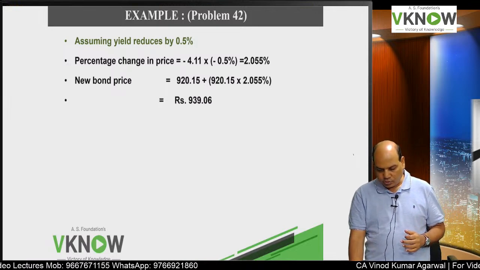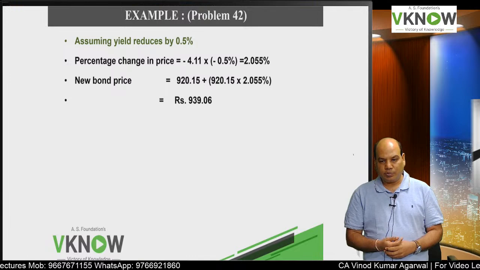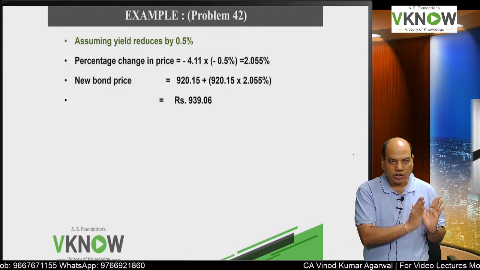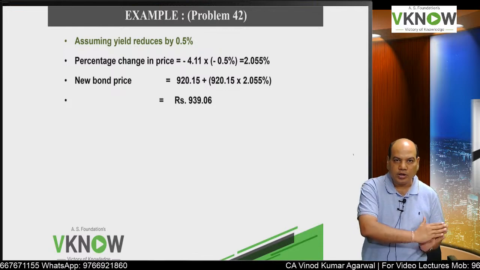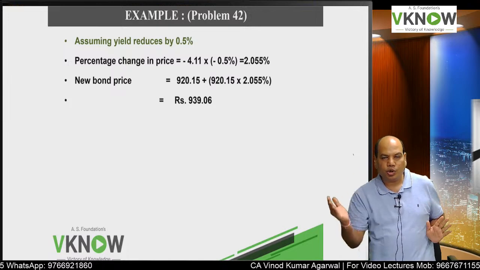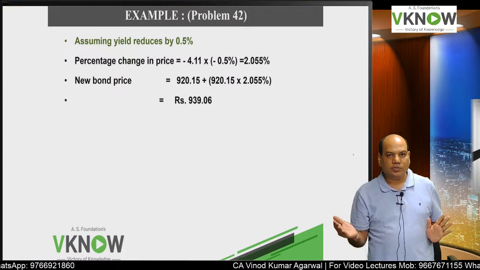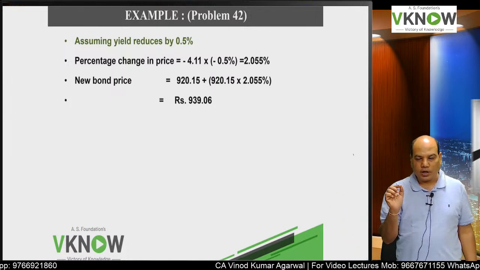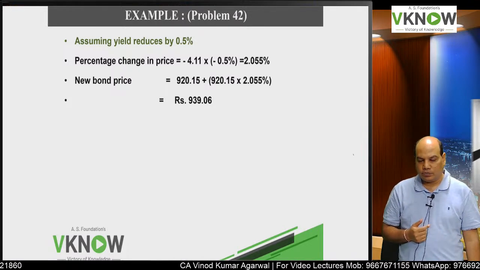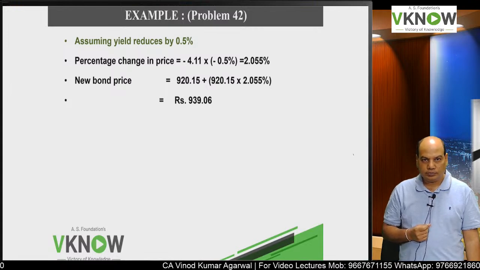So that is equal to 939.06, which means using duration concept, finally I am able to calculate what will be the revised bond price if YTM changes by 0.5%. That was the advantage of learning this duration.